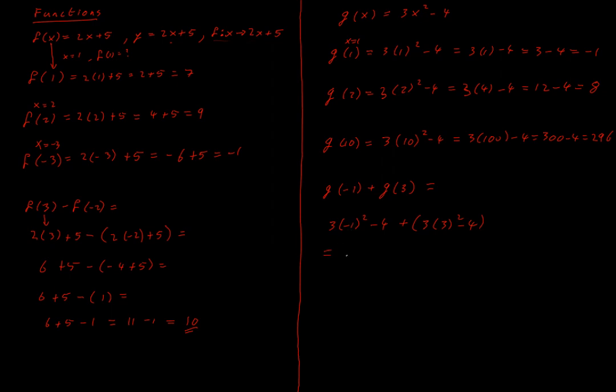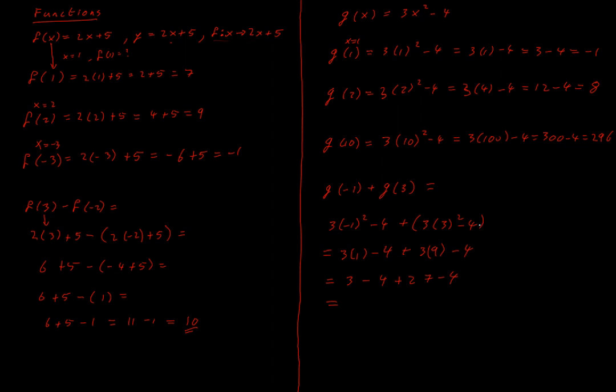I square minus 1 and I get 1, minus 4, plus 3 squared is 9, minus 4. 3 by 1 is 3, minus 4. 3 by 9 is 27, minus 4.